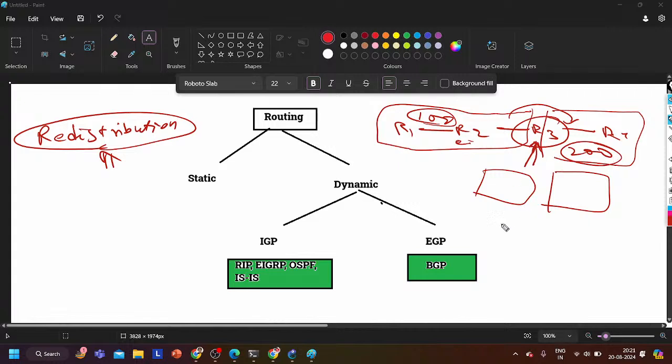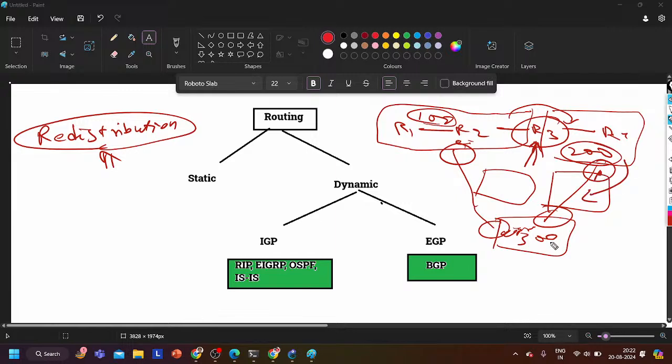Now just assume there is another company, where I am running AS number 300 and the routing protocol is, let's say, EIGRP AS 300, and these companies are connected like this. Here I have one router, and here I have one router. On these routers also I am going to perform redistribution: AS 100 routes into AS 200, on this router AS 200 routes into AS 300, and here AS 300 into 100 and 100 into 300.